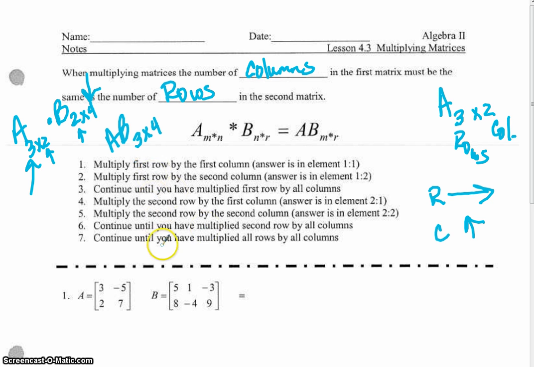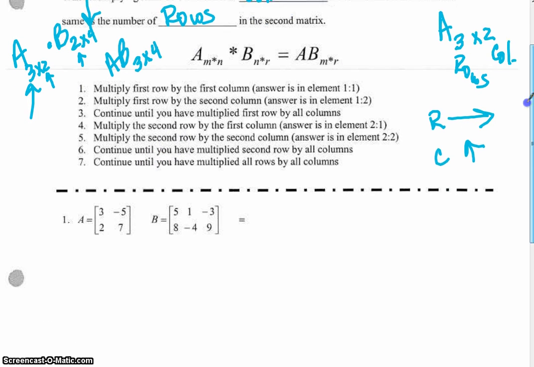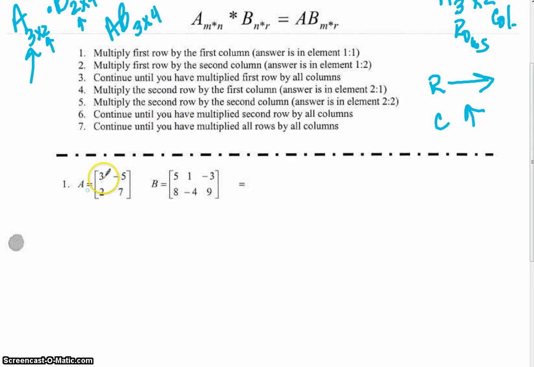So the first thing you have to do is remember to look and see, can you even do this? So like looking at number 1 down here, this first one has 2 rows and 2 columns, so this is what we call a 2 by 2. B has 2 rows and 3 columns, so we call it a 2 by 3. So you look at your, I call them your inside numbers. Are they the same? Yes, they are.